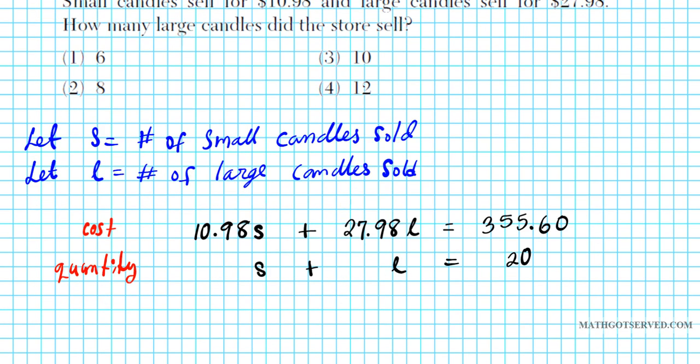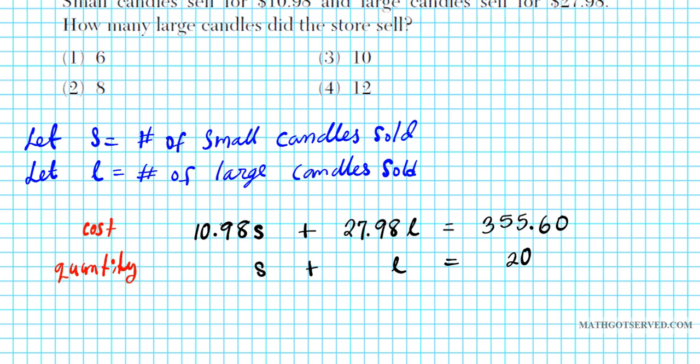Now let's zero in on what we're solving for. We want to solve for L. If we're solving for L, that means we need to eliminate S. So how do we go about eliminating S? We want the coefficients of S in both equations to be opposites of one another.